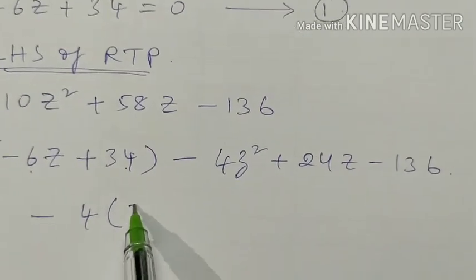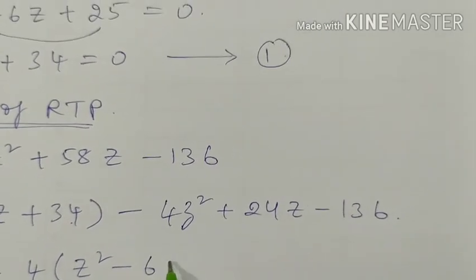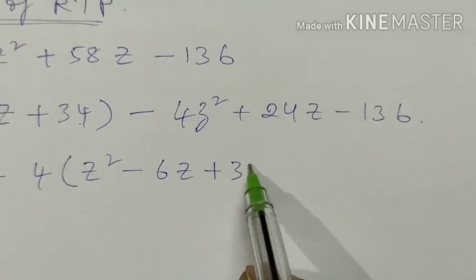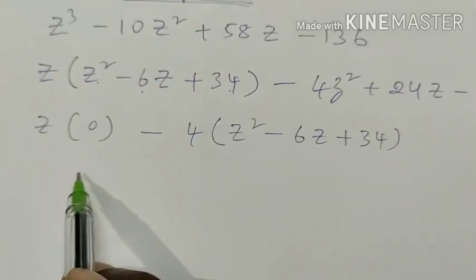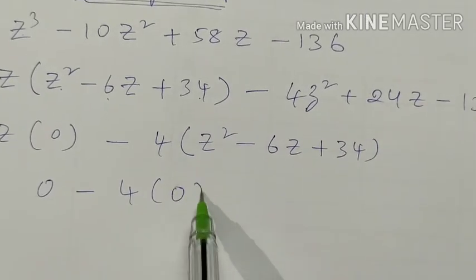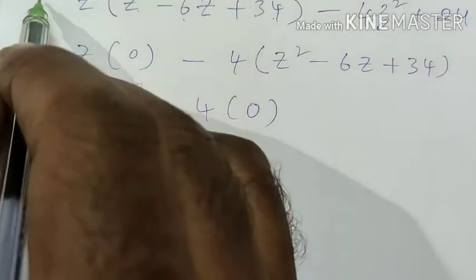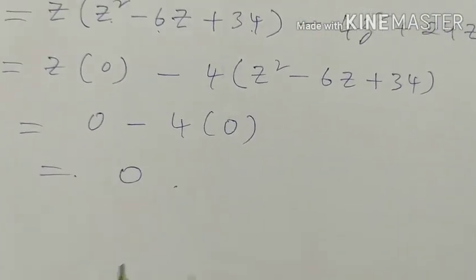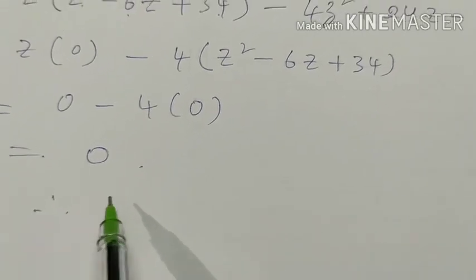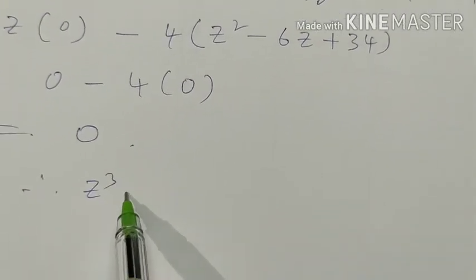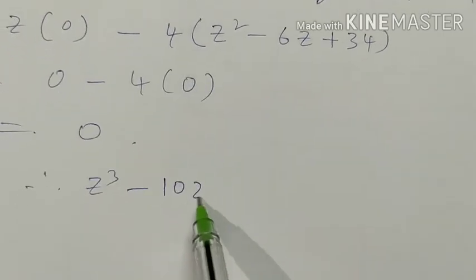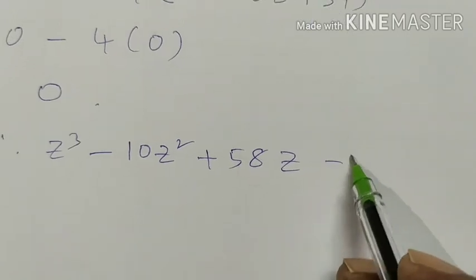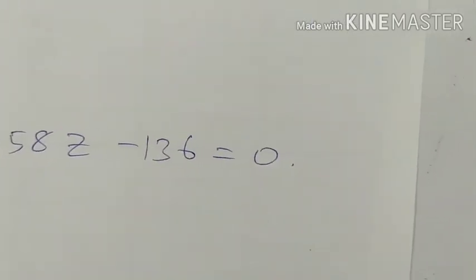This is also z square minus 6z plus 34. So this is 0, this also 0, so that will be equal to 0. So this is what is required, z cube minus 10 z square plus 58z minus 136 is equal to 0.